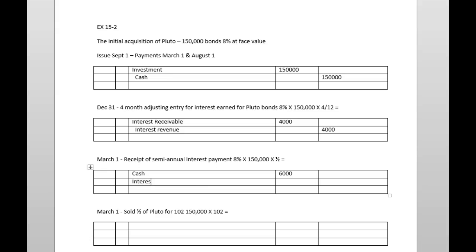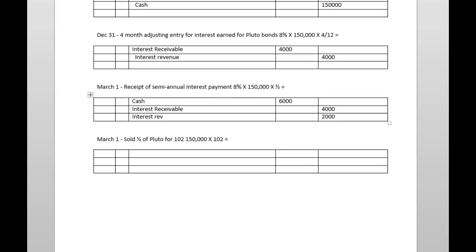Because now we've received the cash, and that's a credit. We have to recognize $2,000 worth of revenue that wasn't recognized at the end of the year. So that kind of sets that up. It's a lot easier than the payables, isn't it?